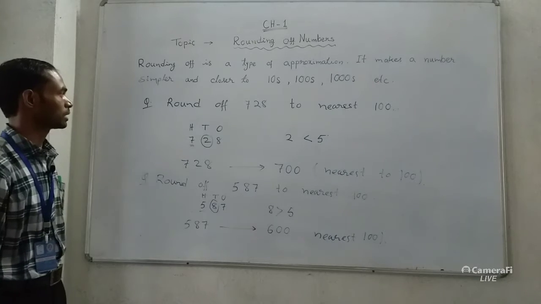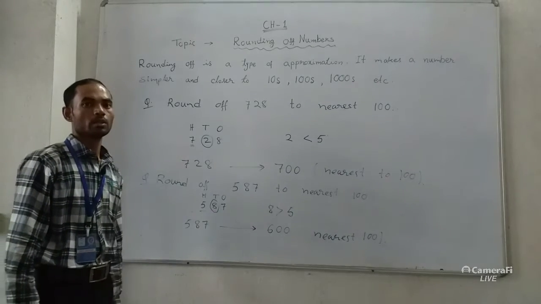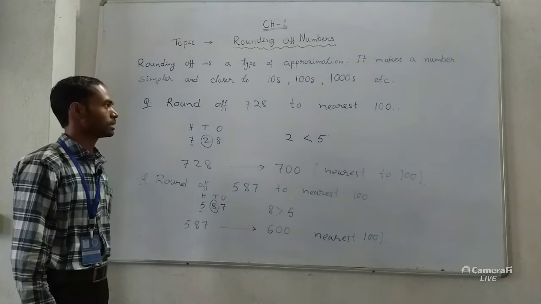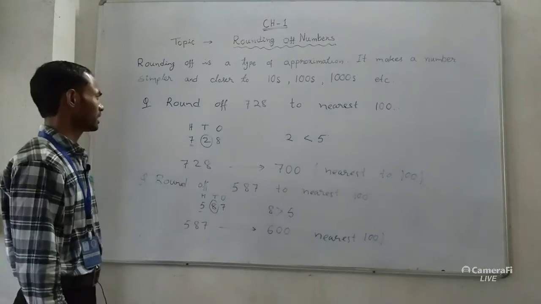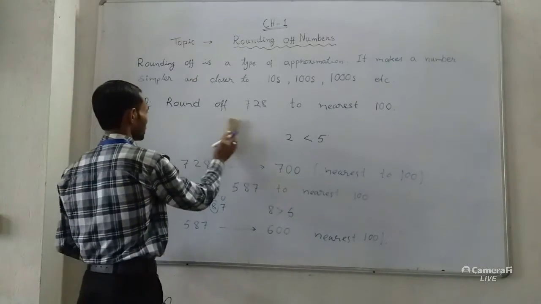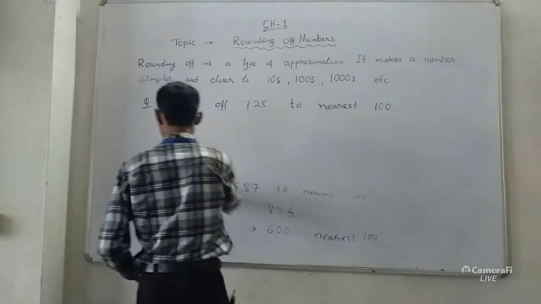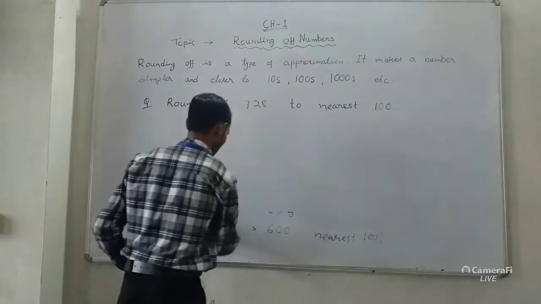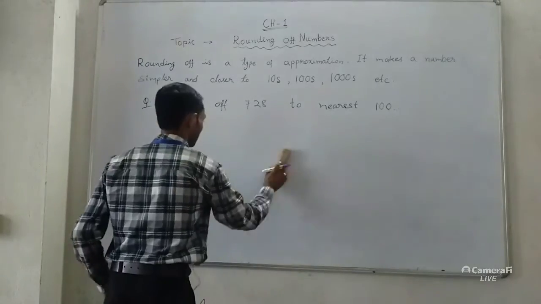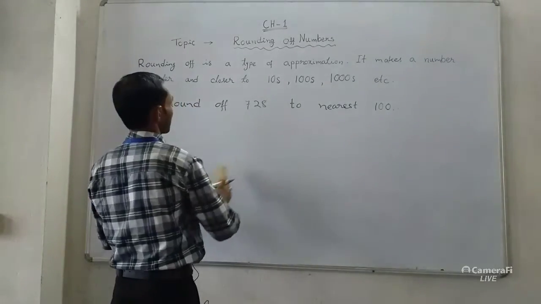So in this way we can round off a 3 digit number to its nearest 100. If we take any 4 digit number, the process will be the same. To round off to the nearest 100, let us give an example.